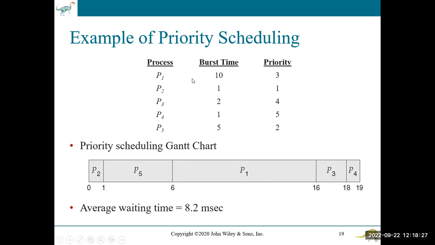Well, all right. So we're not using shortest first, but yeah, this is an example of how we're not doing shortest first, and this is why P4 is at the end of the line. It's got the lowest priority. So this is another type of CPU scheduling algorithm.